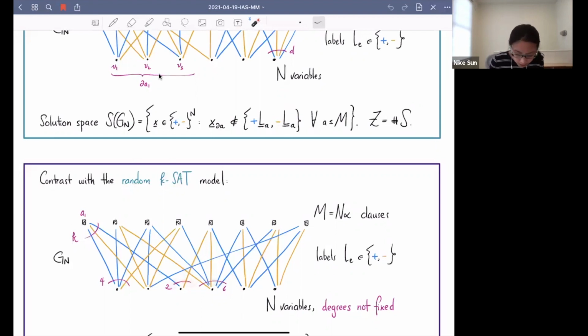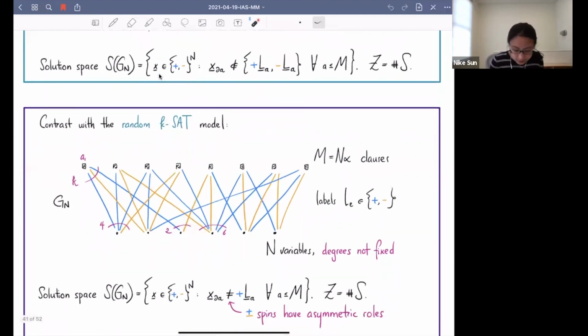One more difference is in the definition of the solution space. In not-all-equal SAT, the constraint was that the variable assignment must not be either plus or minus of the assignment on the edges, whereas here the rule is that it must not equal exactly the plus assignment of the edges. For example, in this clause, the edges are plus, minus, and plus.